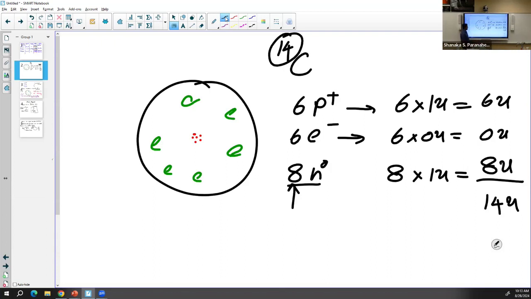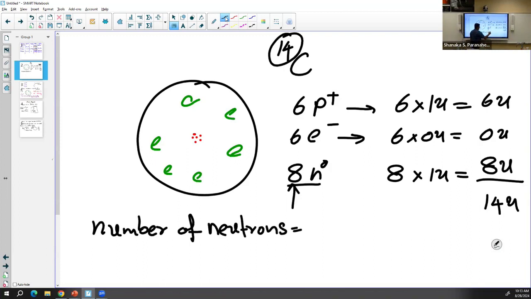So if we convert this into an equation, number of neutrons is equal to mass number minus atomic number.